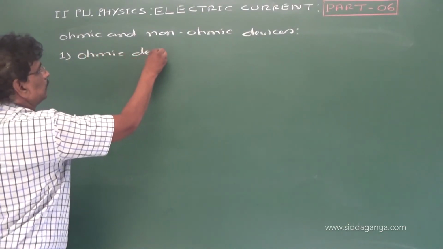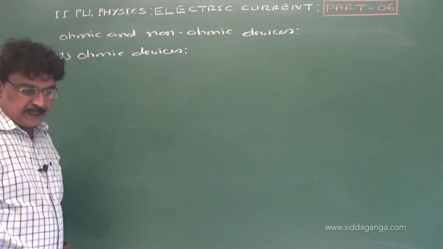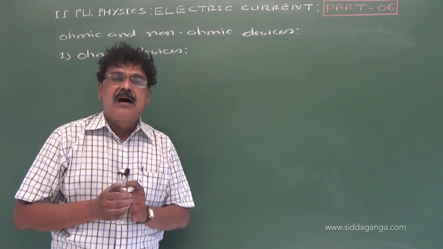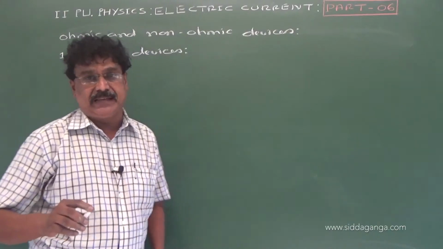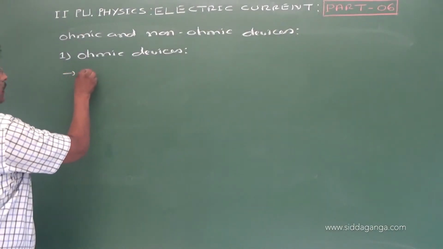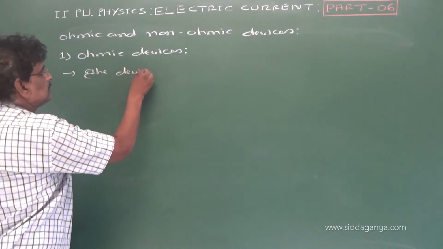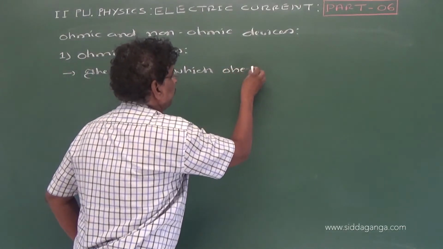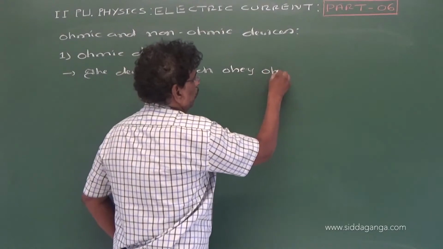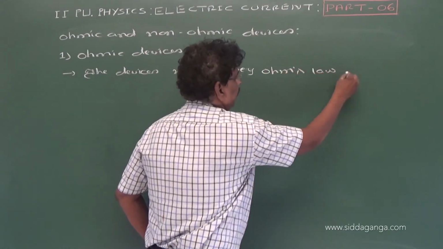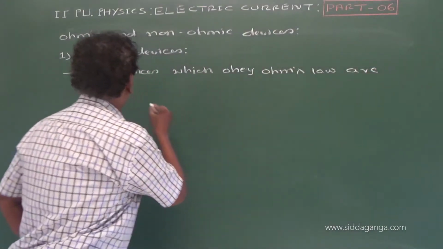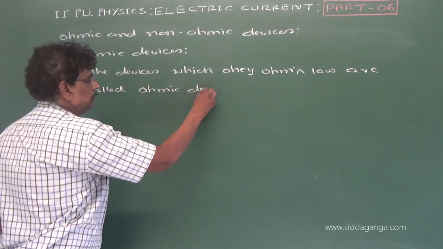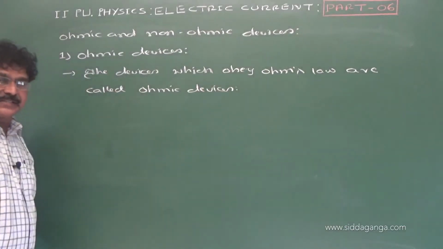Taking the ohmic devices first, the devices which obey Ohm's law are called ohmic devices.